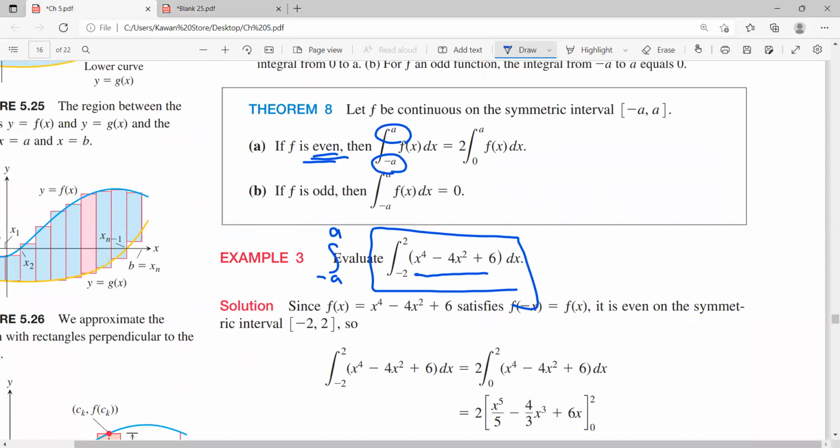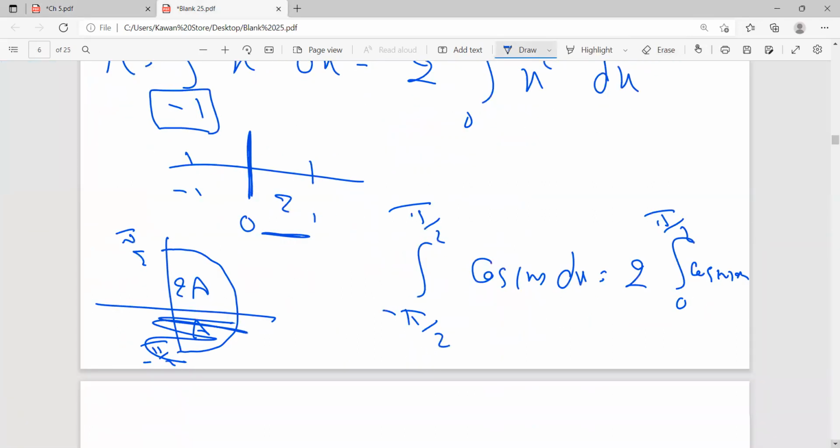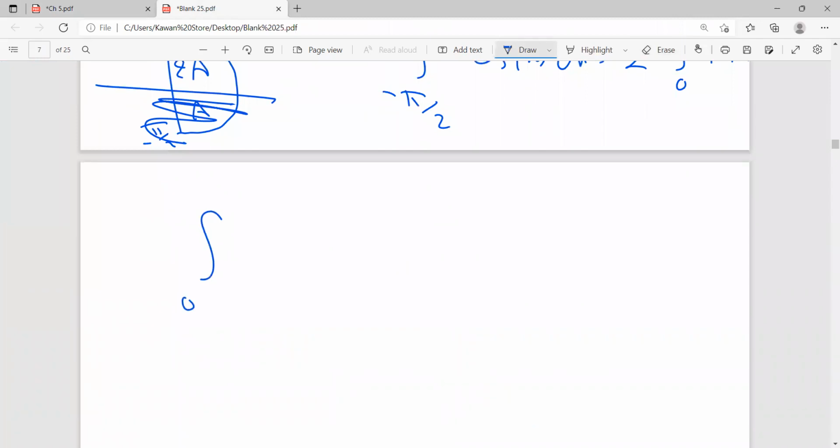How about if I have an odd function? If I have an odd function, in that case, without calculating anything, you'll get 0. Do you remember we solved that example before? We said from minus pi to pi sine of x dx.